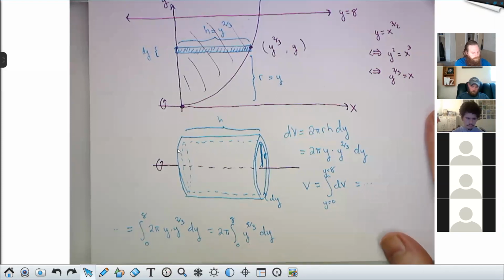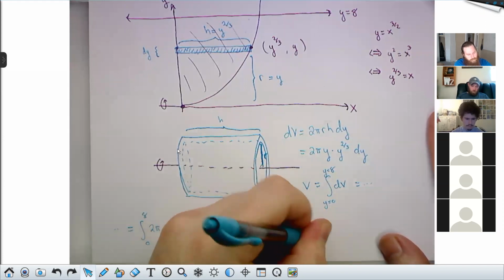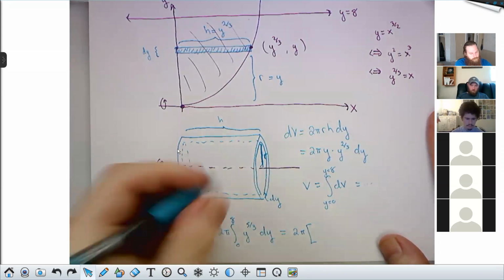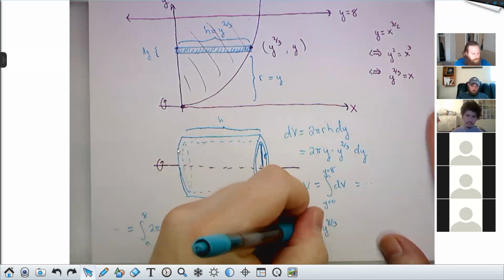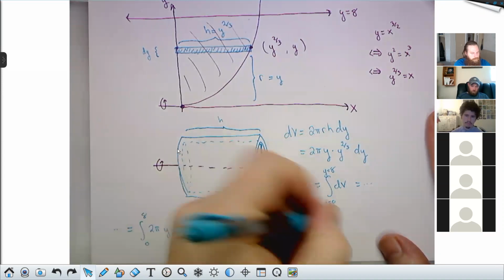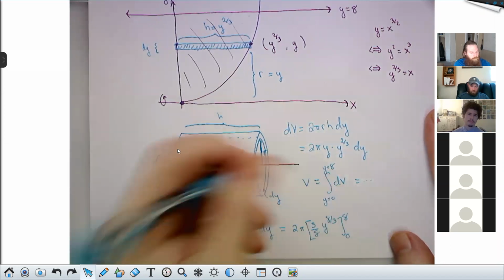So I've got this written as a power function. So that'll be 2 pi times 5/3 plus 1 is 8/3. And if I divide by 8/3, that's the same as multiplying by 3/8. So I'll have 3/8 y to the 8/3 evaluated from 0 to 8.